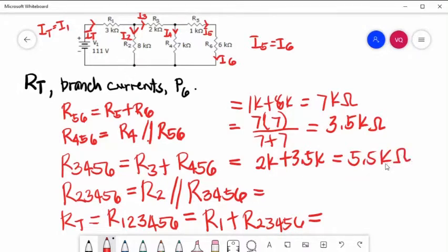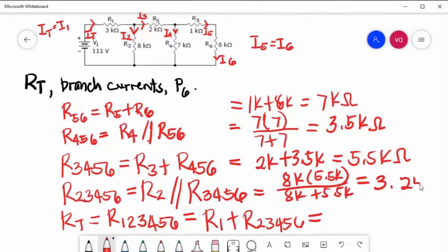R23456: R2 is 8 kilo ohm. 8K times 5.5K divided by 8K plus 5.5K, so that is 3.259 kilo ohm.